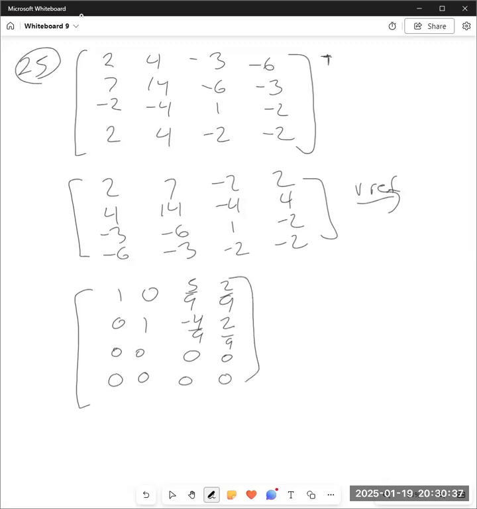So turning these row vectors into column vectors here.